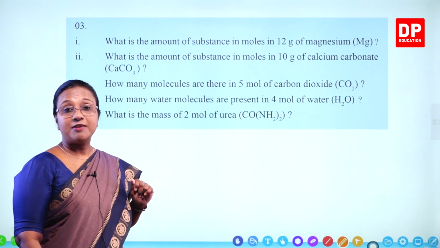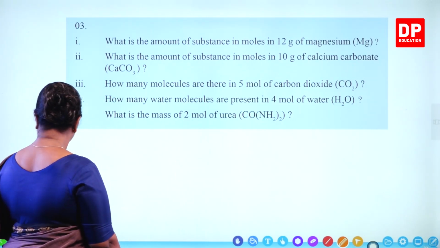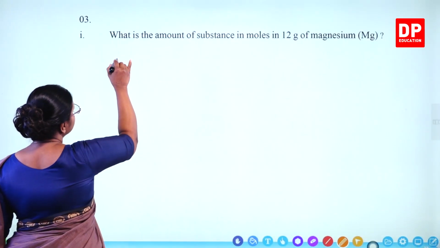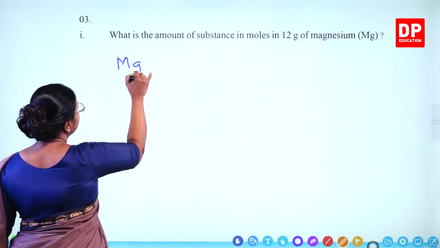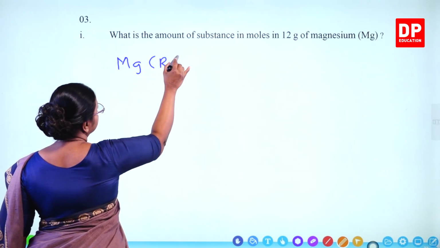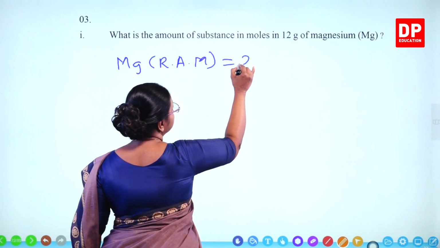I am sure you have the answers with you. Now we will discuss the answers. The first one: what is the amount of substance in 12 grams of magnesium? So first, for this calculation, you need the relative atomic mass, that is equal to 24.